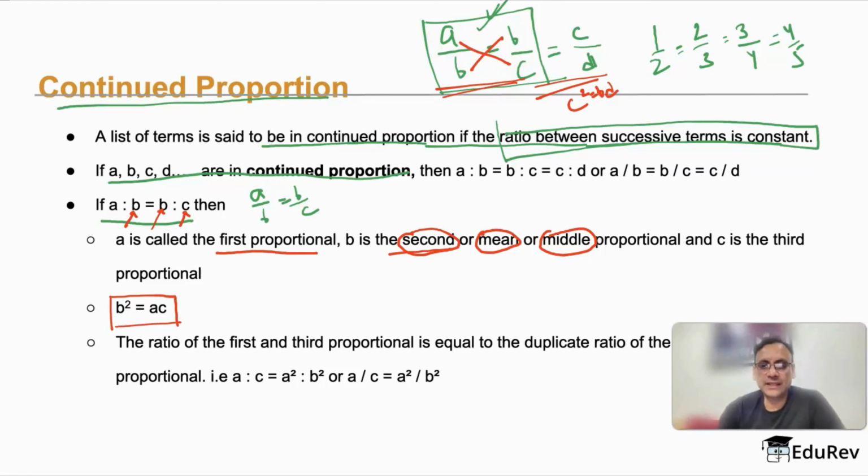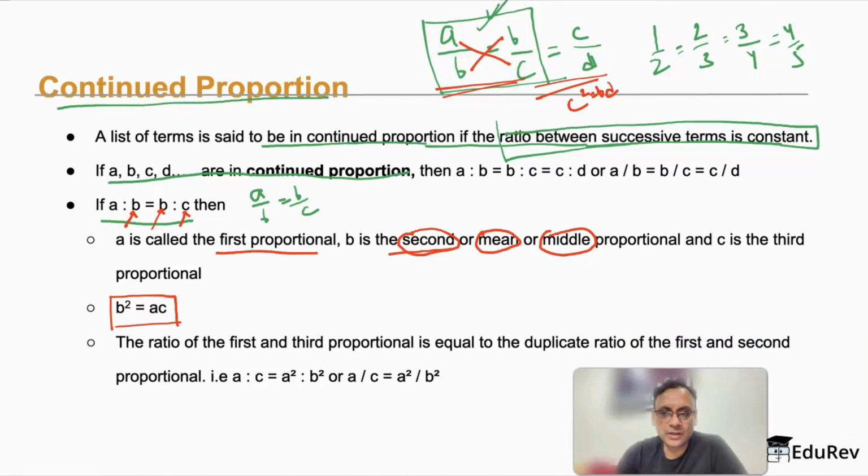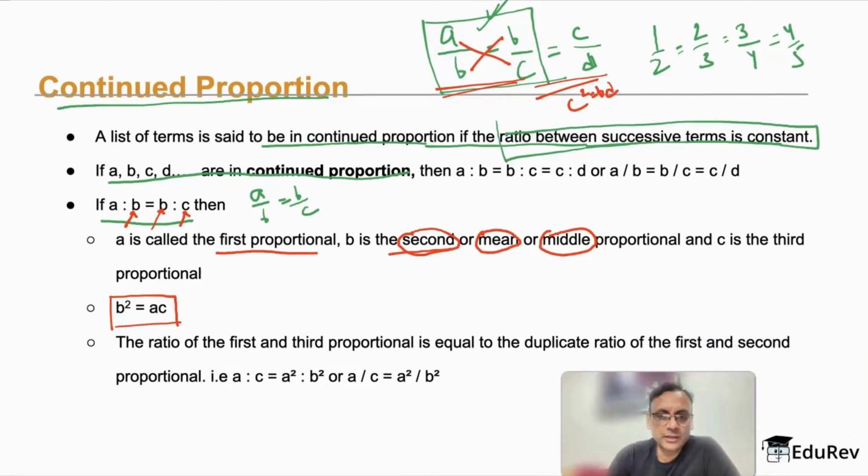Then the third concept here is that the ratio of the first and the third proportional is equal to the duplicate ratio. Now, what is a duplicate ratio? When we discuss ratio, when you write a ratio of A is to B, then A square is to B square is called the duplicate ratio.